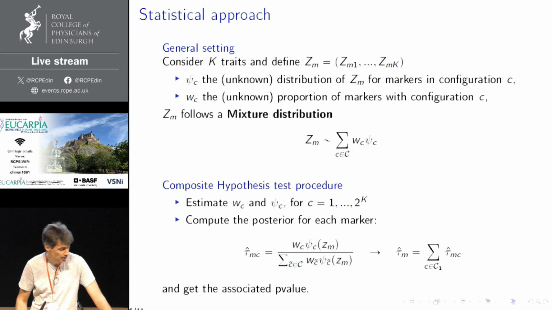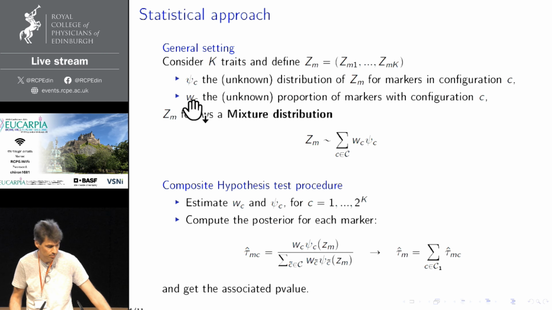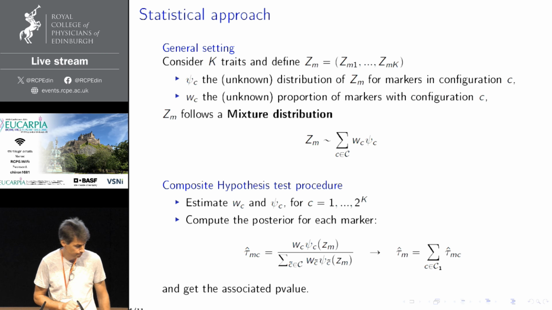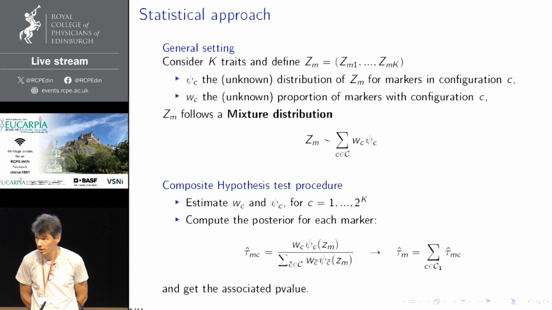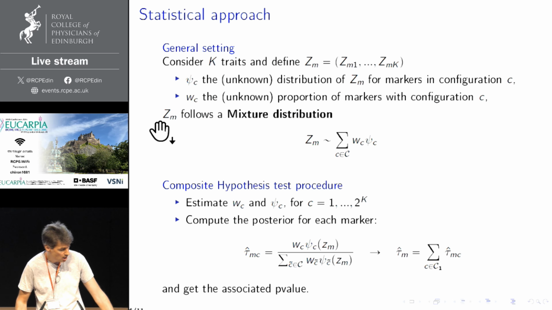If you know C, you can note phi_C the unknown distribution of Zm given the configuration, right? Similarly, I can denote w_C the unknown proportion of markers that live with configuration C. And then what I can assume now is that Zm follows what we call a mixture of distributions, where the mixture depends on the proportions and the conditional distributions.